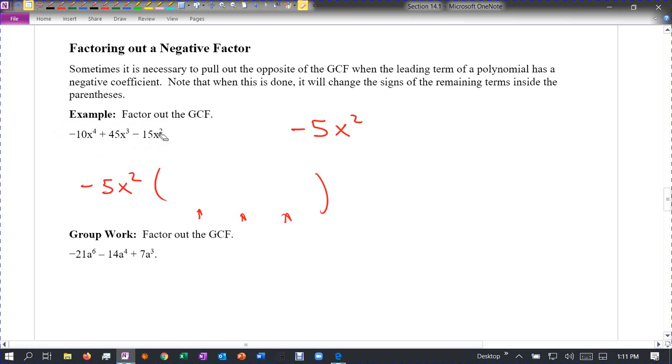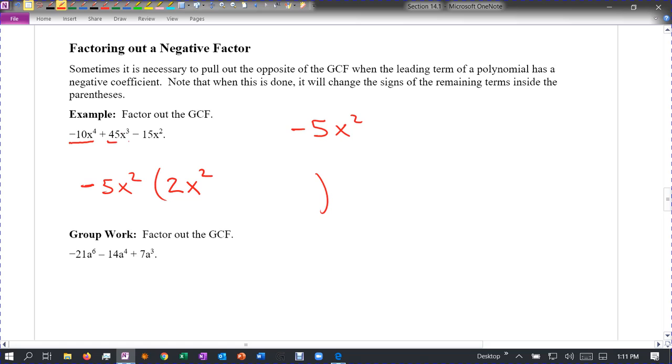And now we just play this game. What do we multiply negative 5x squared by to get negative 10x to the 4th? Well, we have to multiply negative 5 by positive 2, that'll give us negative 10. And I have to multiply x squared by x squared to give us x to the 4th.